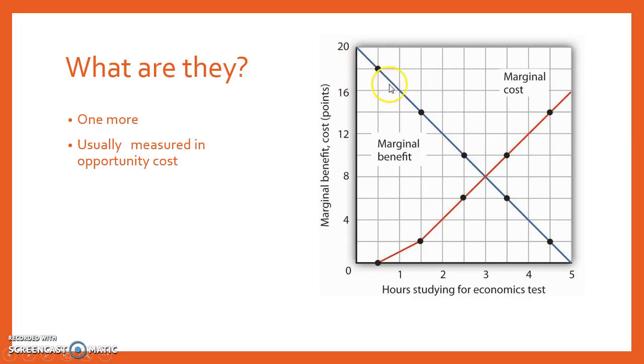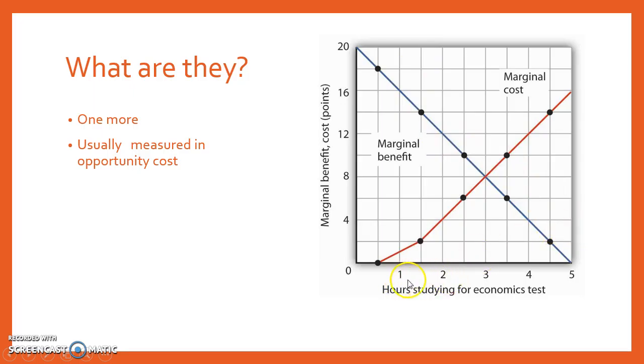Now, if we go to the next point, we can see if Jared studies for an hour and a half, he can get an additional 14 points on top of that 18 that he already has. So then he's got 32 points after studying for that hour and a half that he wouldn't otherwise have if he didn't put this time in studying. And you can see that this goes on and on and on.